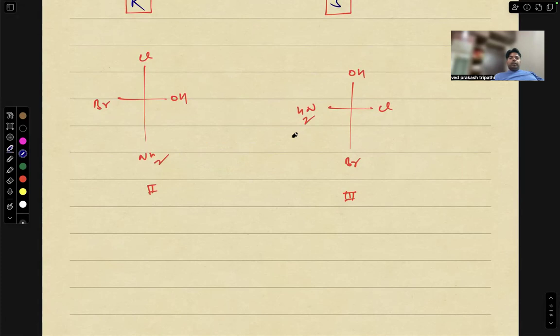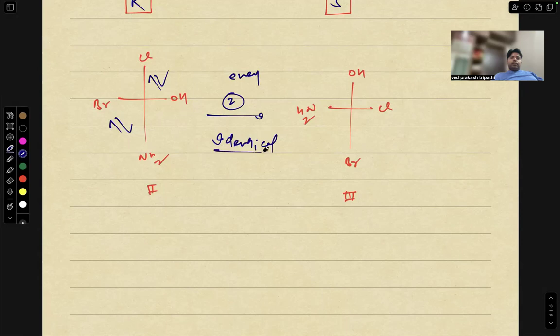You can see there is an exchange between bromine and NH2, and again an exchange between OH and Cl. So overall, it's two exchanges. 2 is an even number. Even is identical. So identical means same configuration. So if it is R, it should also be R, and if it's S, it should also be S. So it's your job to find out R and S over here. Okay, so this is even and odd exchange.